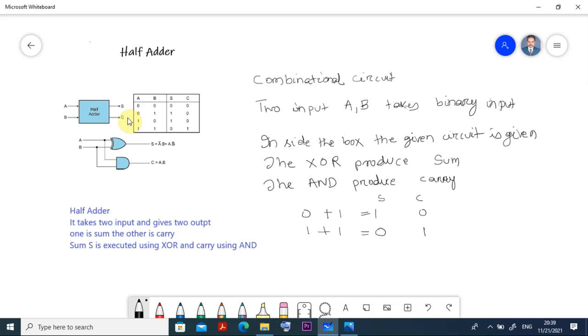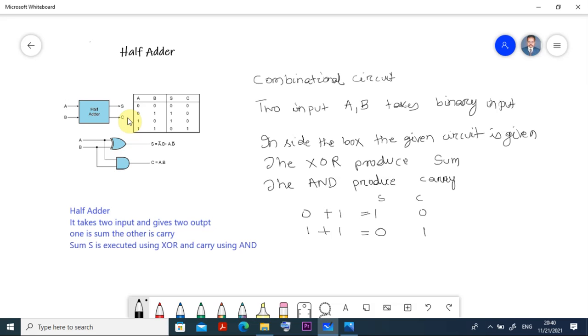You see how it comes. If you minutely observe, 0 0 gives 0, 1 1 gives 0, and when the inputs are opposite, 0 1 or 1 0, the output is equal to 1. This is a clear case for the exclusive OR, XOR.